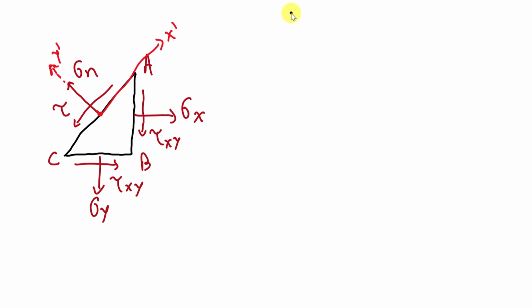So the sum of forces in x dash direction is equal to 0, and the sum of forces in y dash direction is equal to 0. Now remember that we cannot take the sum of stresses equal to 0. We have to take the sum of forces. Fine. This angle is angle theta.